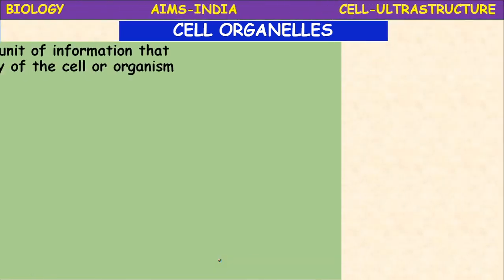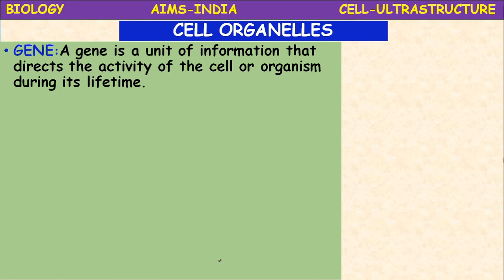Next, gene. A gene is the unit of information that directs the activity of a cell or organism during its lifetime. That is why genes play a very important role. They are the unit of heredity. The transmission of characters takes place from generation to generation, from parents to offspring.